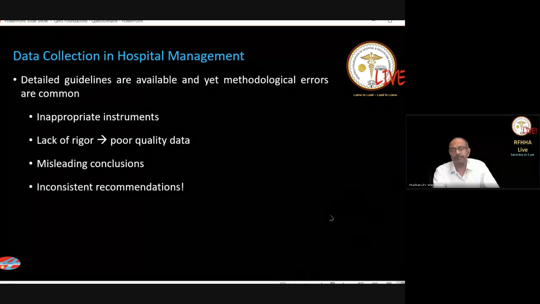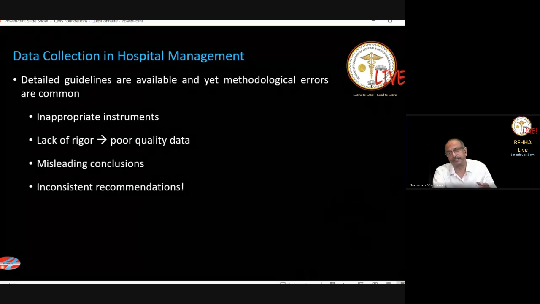So the point that I'm making is that even though detailed guidelines are available, many of us are not very clear as to how to design a good quality questionnaire. So we see examples where inappropriate instruments have been used. The questionnaire has not been designed properly. There is a lack of rigor. So the same thing is being asked in multiple questions in different roundabout manners.